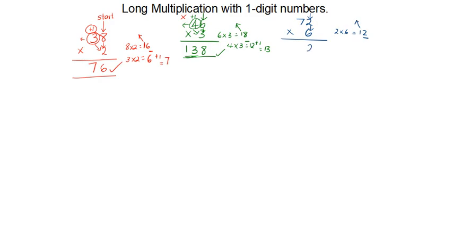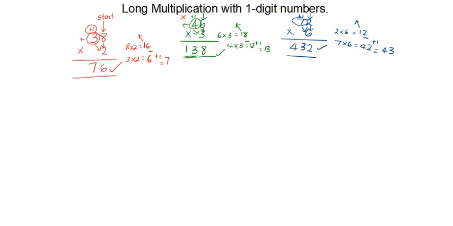Next is 7 times 6, and 7 times 6 we know is 42. And don't forget, we have to add that 1 that we carried, so that's going to give us 43. There are no other numbers to multiply with, because 7 is the last number in 72, and so the calculation ends. So my answer is 432.